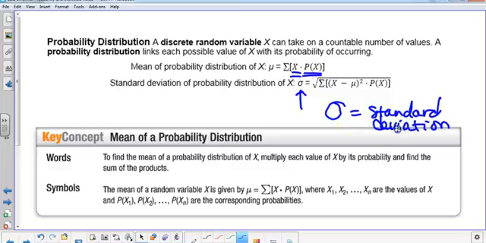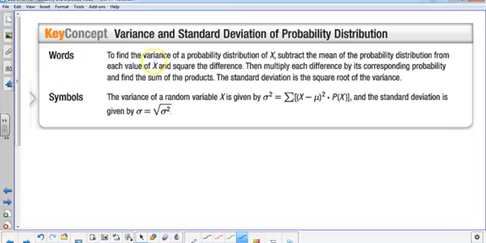All right. We are also going to be asked to calculate variance. To find the variance of a probability distribution, subtract the mean from each value and square the difference, and multiply each difference by the corresponding probability to find the sum of the products. The standard deviation is the square root of that.